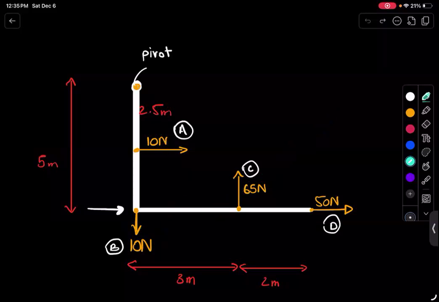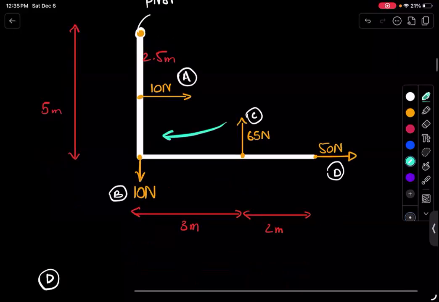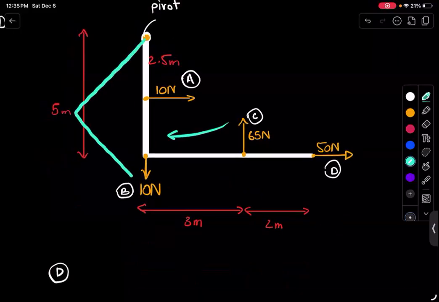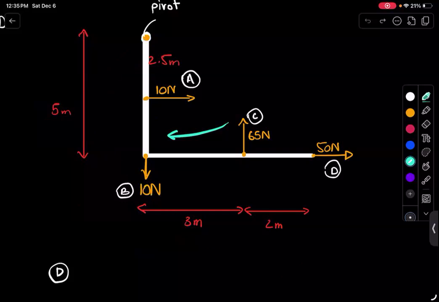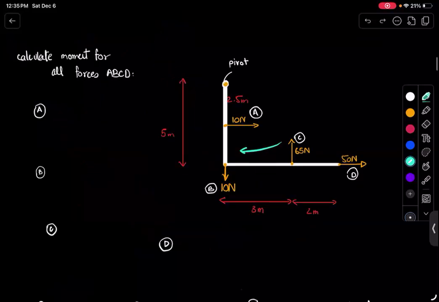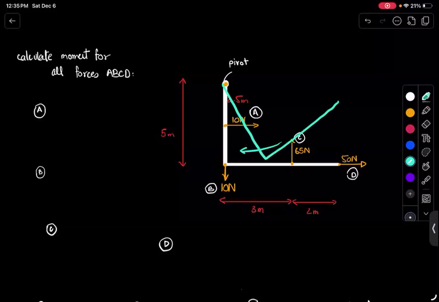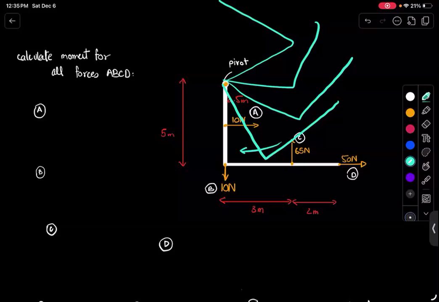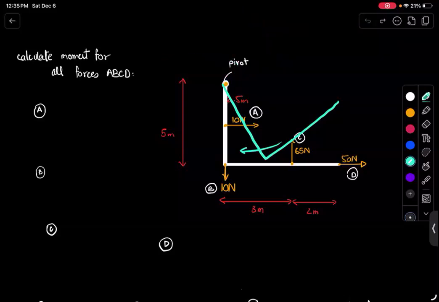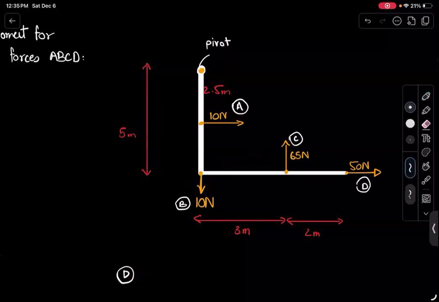But if you apply a force in this direction, this entire bracket is going to turn like this. It's going to go backwards. It's kind of like a clock. It's going to go like this, like this, like this. And if you keep applying a force, it's going to come back down, and it's going to turn about this pivot. Does the diagram make sense for now?